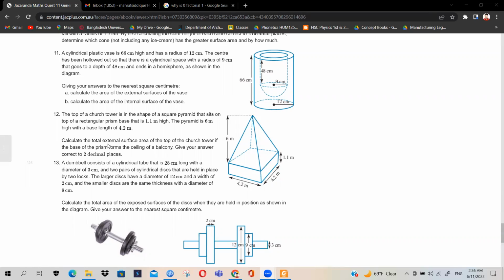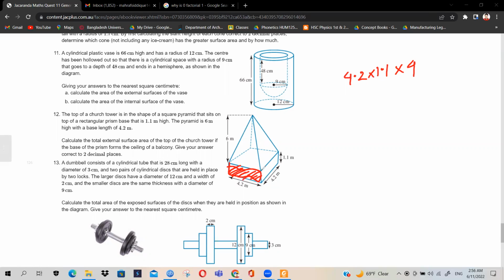All right. First of all, we have four of these rectangles. So their surface area would be 4.2 multiplied by 1.1, times 4. So you've got the surface area for these four rectangles.